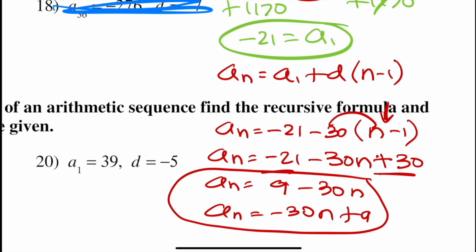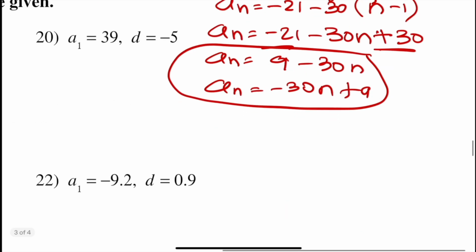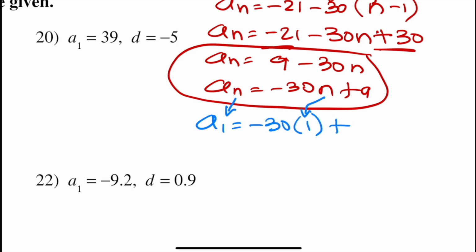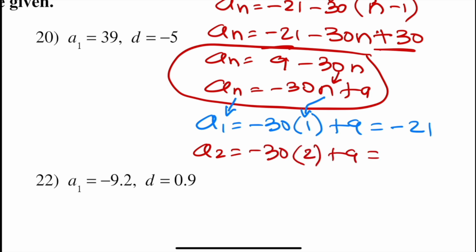In our problem, they ask me for the first 5. Let's do the first 3. We know what to do on the first one. We know what to do in any of them. a sub 1. In my case, n is 1. So whatever I see in n, I replace it by 1. And that's pretty much it. Negative 30 times 1 is negative 30 plus 9. a sub 2, same idea. Instead of the n, I write 2.